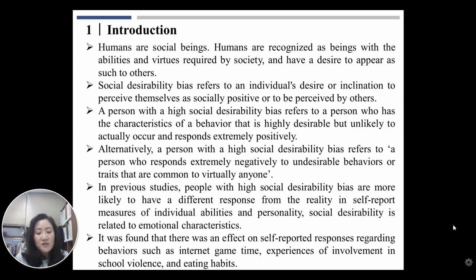Alternatively, a person with a high social desirability bias responds extremely negatively to undesirable behavior or traits that are common to virtually anyone. In previous studies, people with high social desirability bias are more likely to give responses different from reality in self-report measures of individual ability and personality.